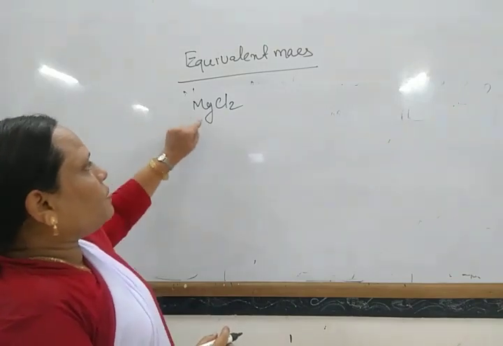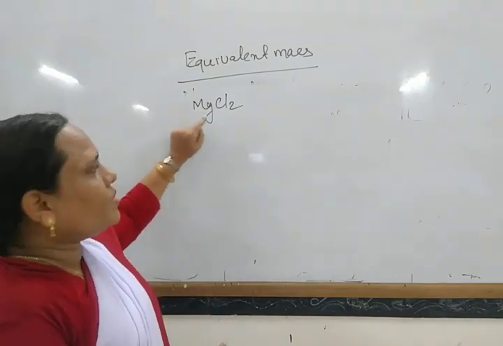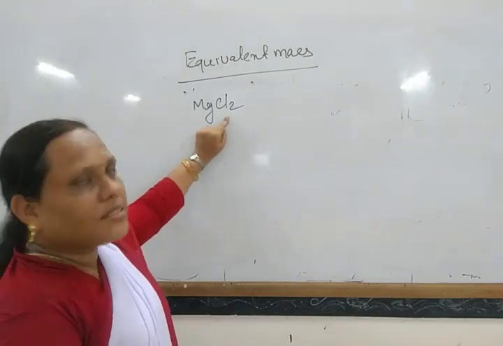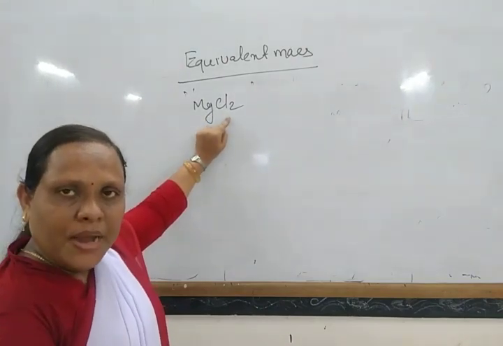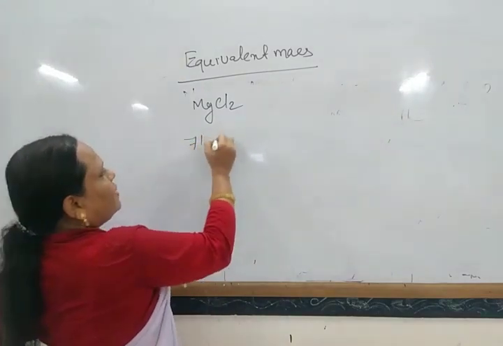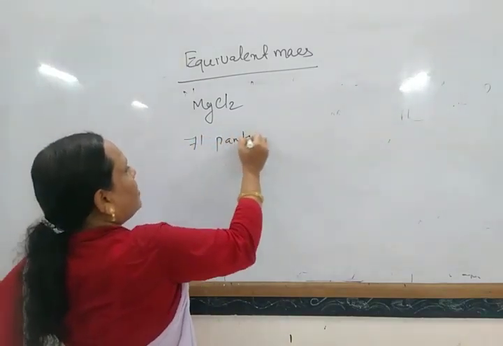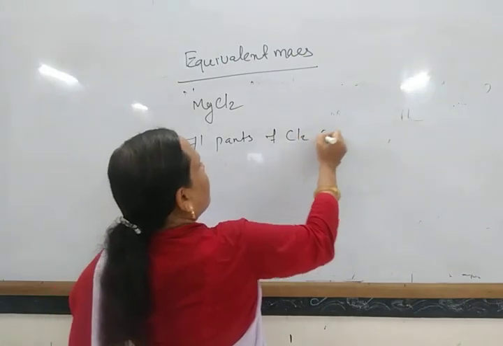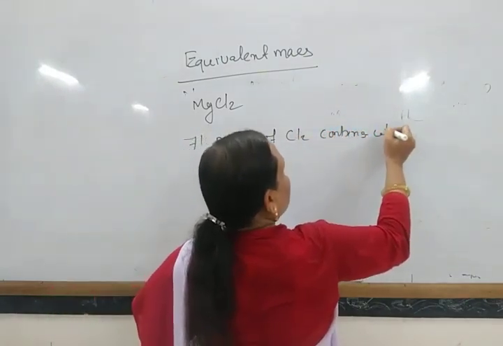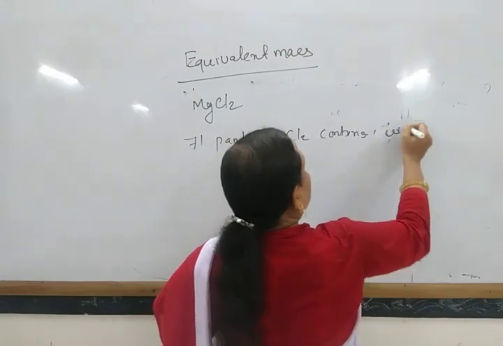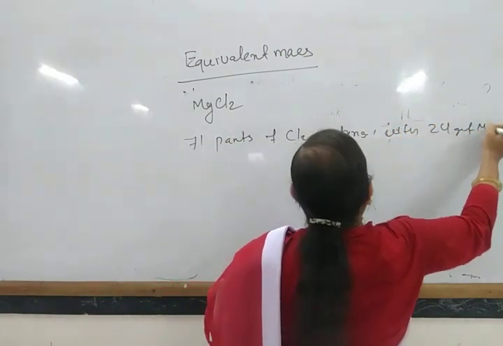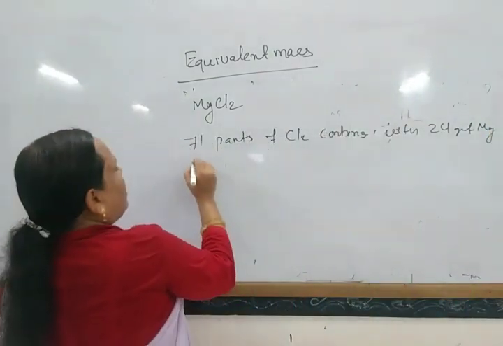In MgCl2, the mass of magnesium is 24, and the mass of chlorine is 2 into 35.5, that is 71. So from this formula, 71 parts of chlorine combines with 24 grams of magnesium.